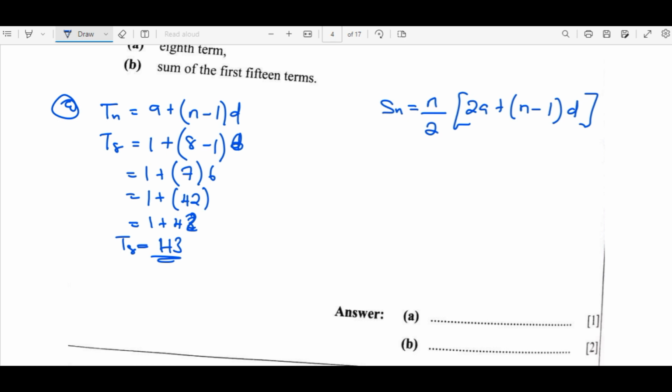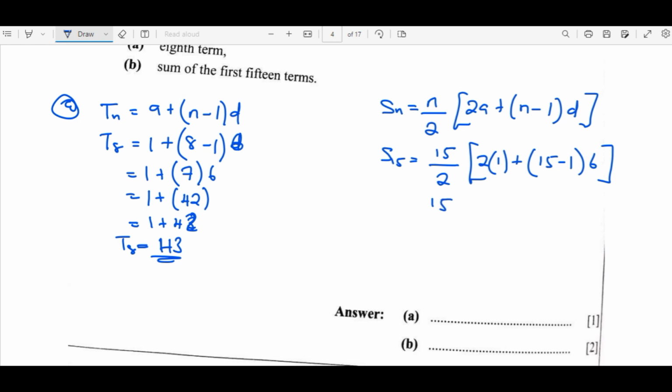So we would say the sum, S15, is equal to, so we substitute 15 over 2, and then 2, open bracket, we have 1, close, plus, open bracket, 15 minus 1, close, and then 6. First of all, you work out what is in the bracket.